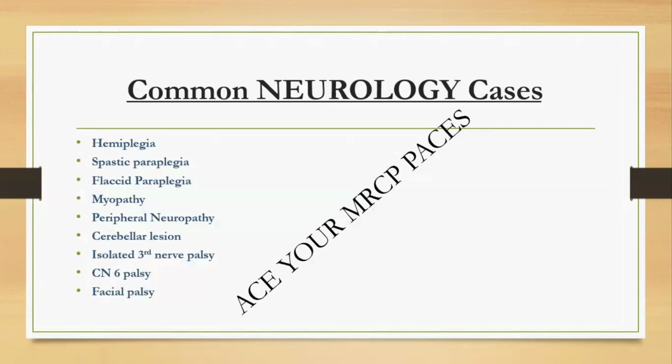Okay, these are the common cases which we encounter in the exam. The most common case which we almost daily see in our medical ward, neurology wards, is hemiplegia. Now, this hemiplegia, I think every doctor can assess, even the junior house officer can assess, even the final year candidate will assess that yes, it is hemiplegia, yes, it is stroke.